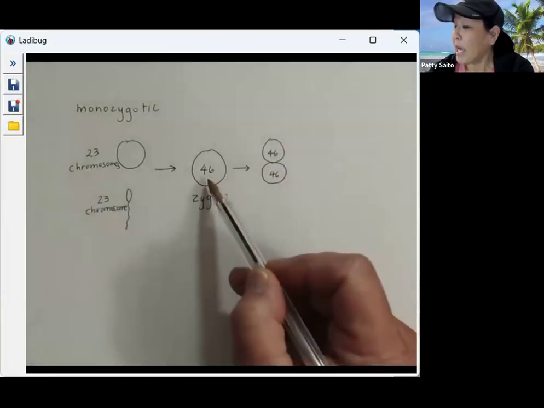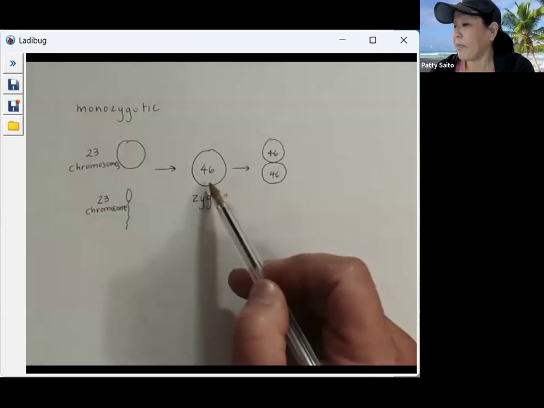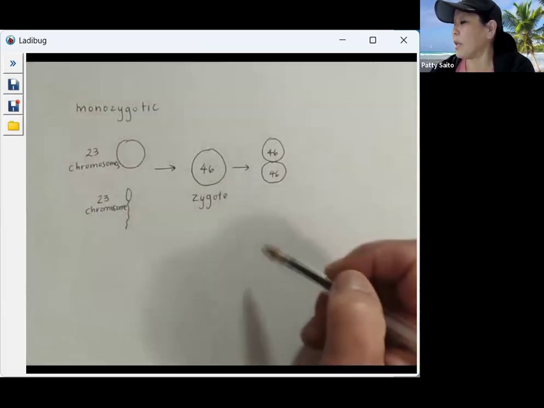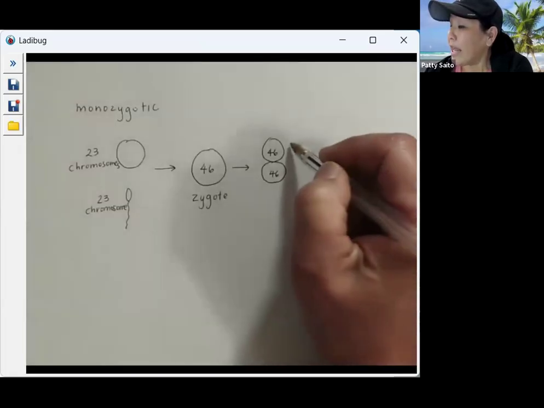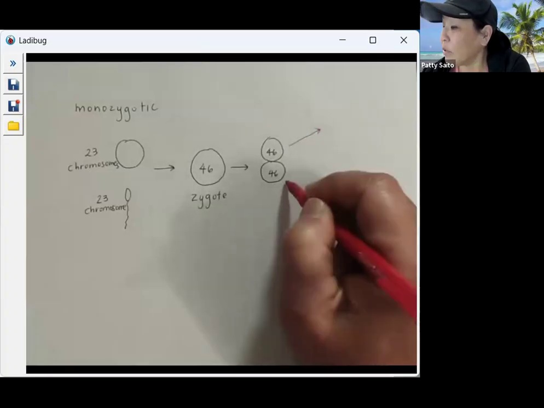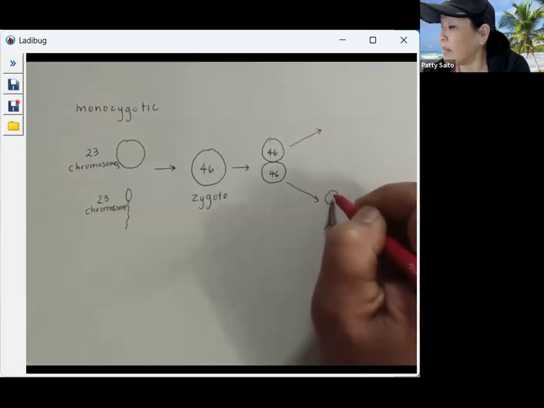All right, but remember, half of these are donated from mom and half of them from dad. And then those 46, we make copies of those and we distribute it equally there. Now, in this case, each one of these will become a separate individual.